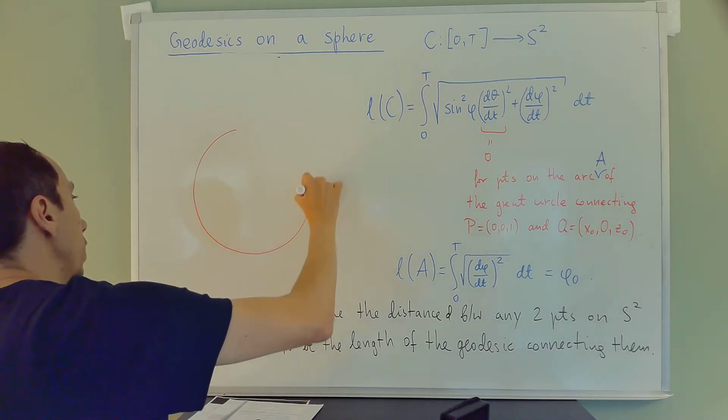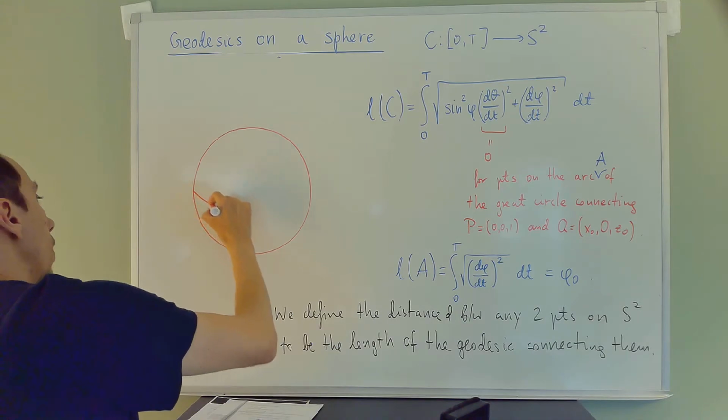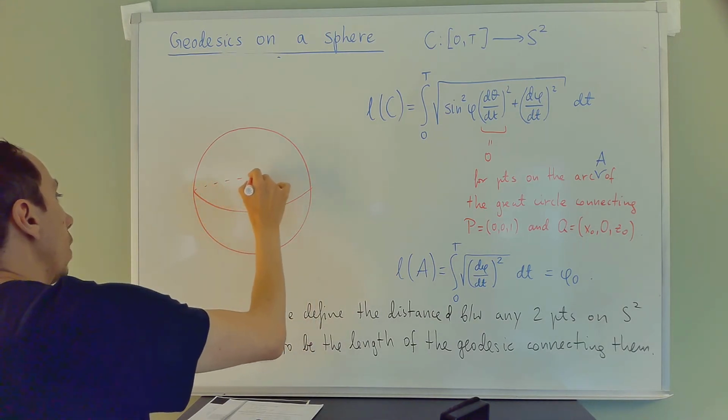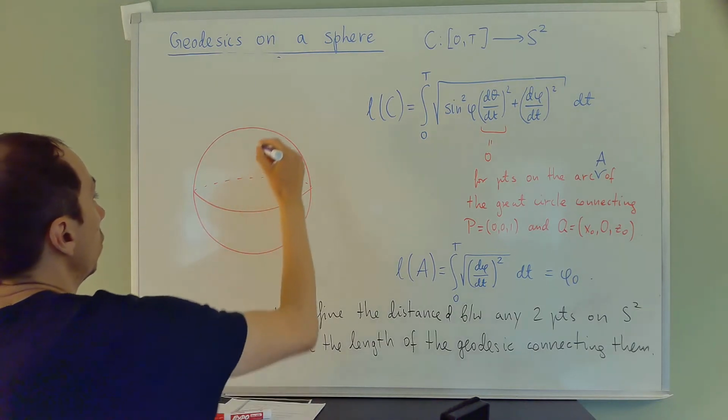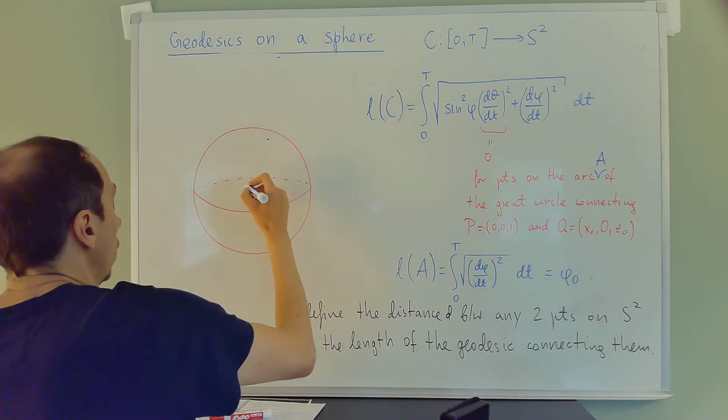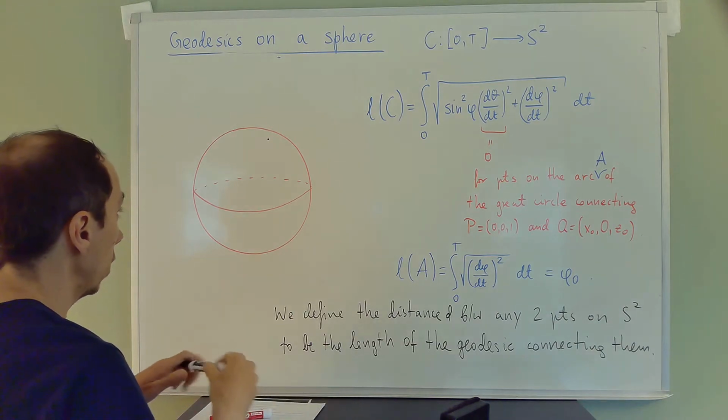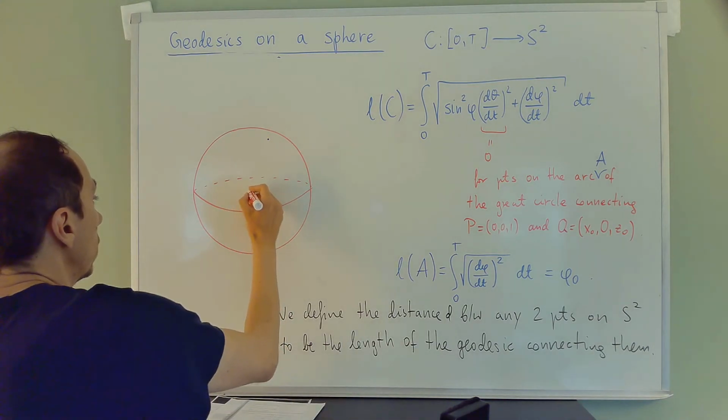So if I draw a sphere, and I pick any 2 points, I'm not even going to place them now on the North Pole. So here the center I'm going to mark in red, the center of the sphere.